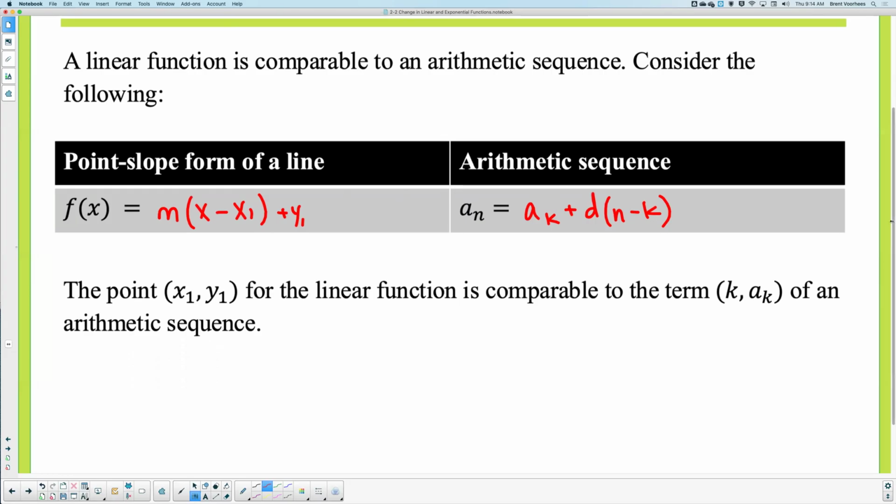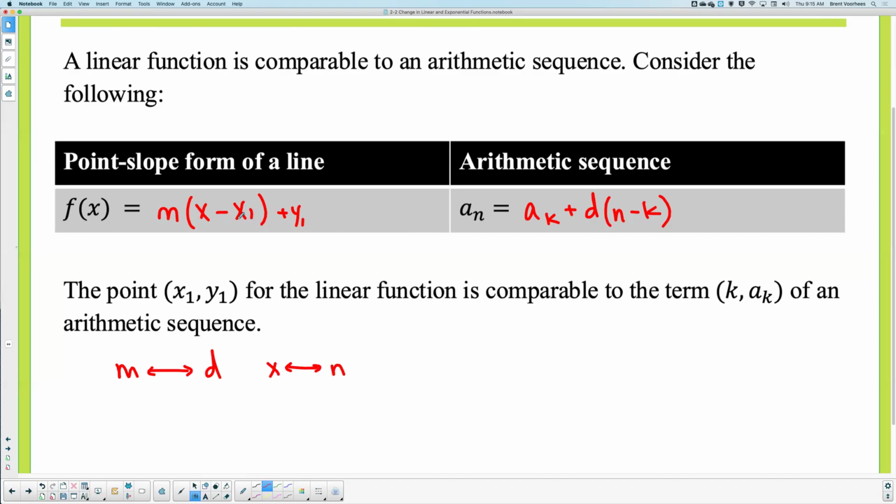So with that in mind, let's line up which variables correspond to one another. For example, what corresponds to the slope in the arithmetic sequence? D, very good. So down here, I'm just going to put these down. M corresponds to d. All right, how about x? What corresponds to the variable x in the arithmetic sequence? N, very good. So x and n correspond to one another.